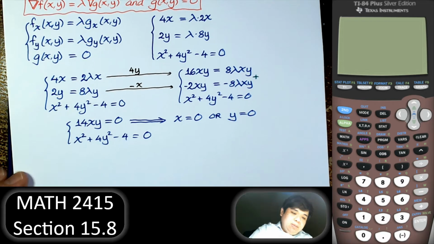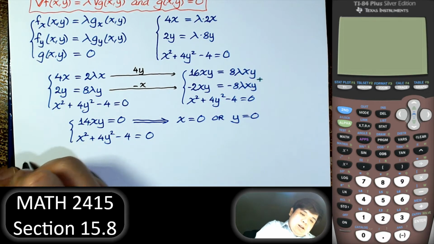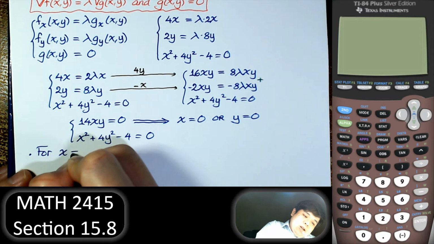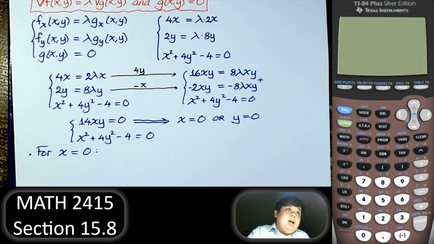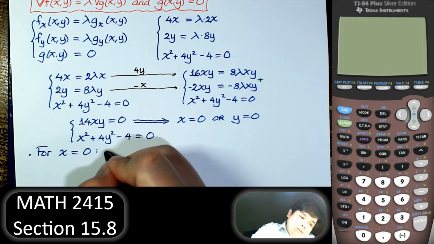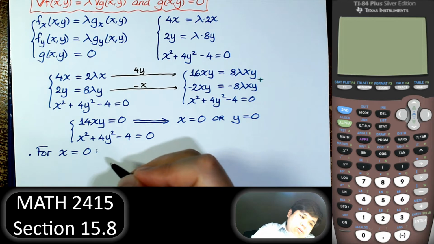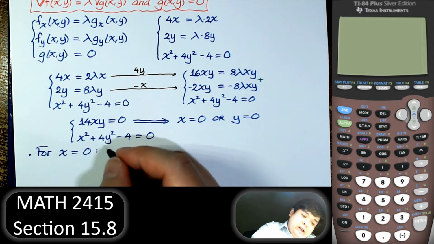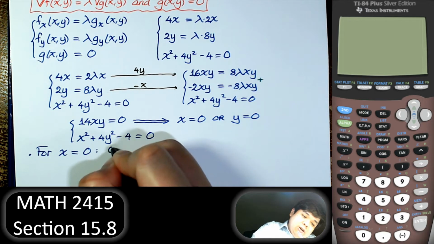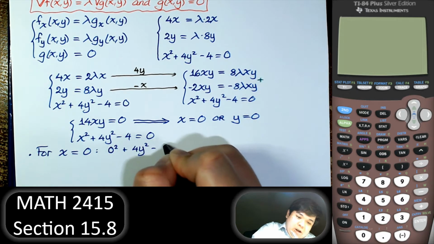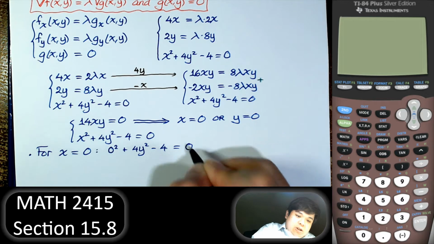Now, for x equal to 0, I'm going to put 0 in here: 0 squared plus 4y squared minus 4 equal to 0.